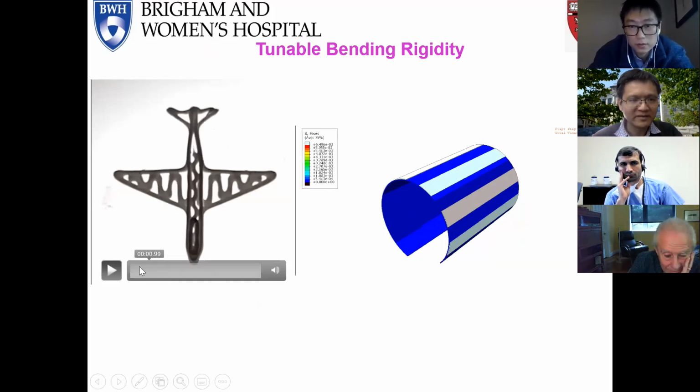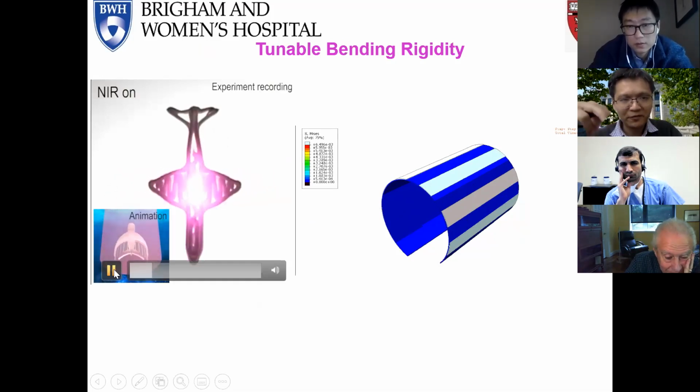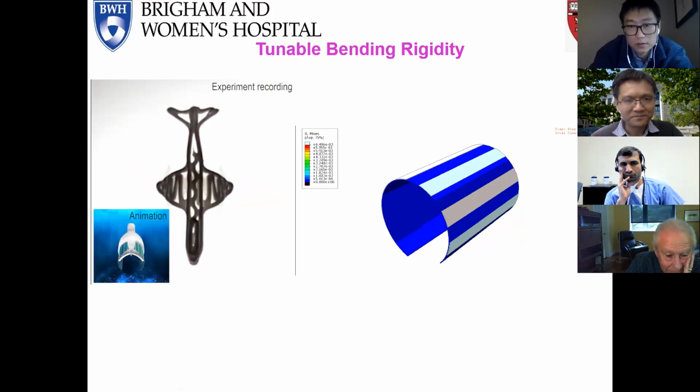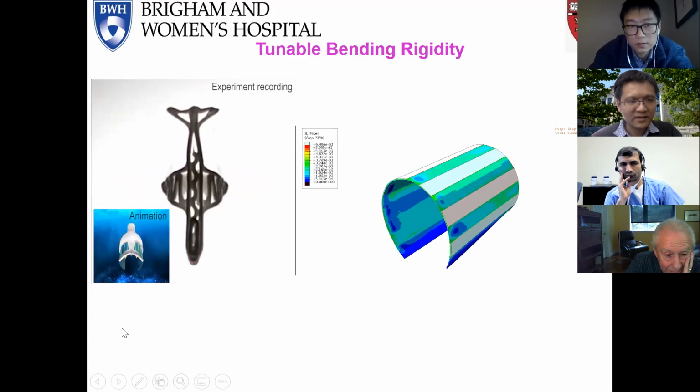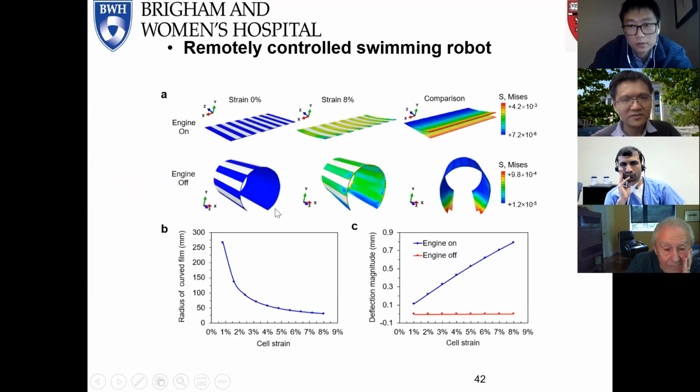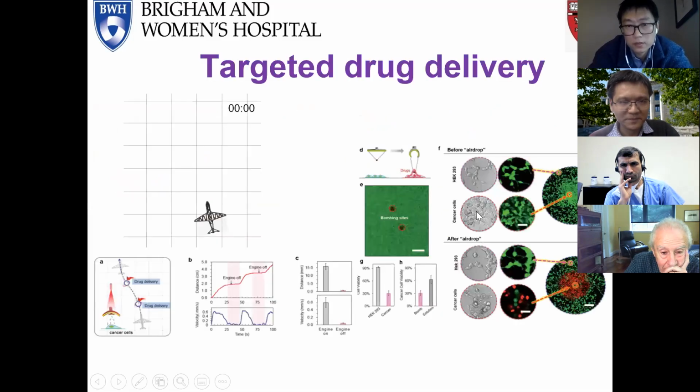So we can make it stop by shooting a near infrared light on it. This is a comparison between the engine on and engine off. When the engine's on, the strain is 8% and there's significant bending, whereas when the engine's off, the bending deformation is minimal.